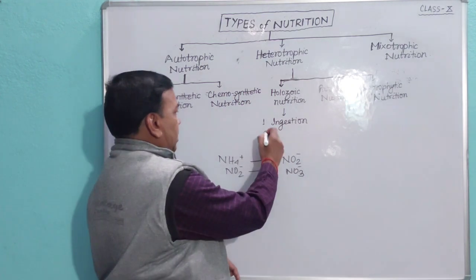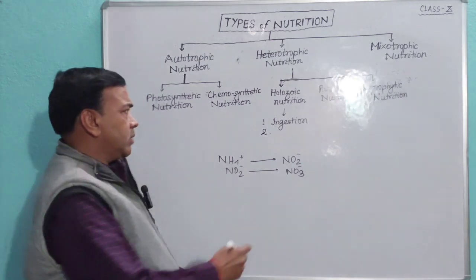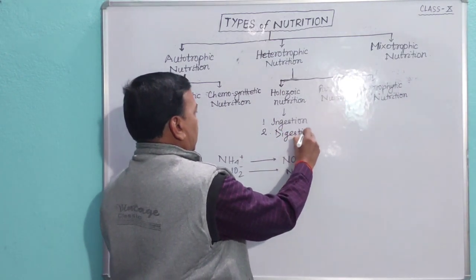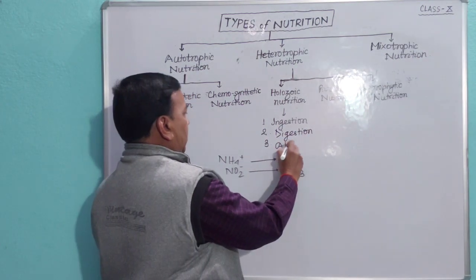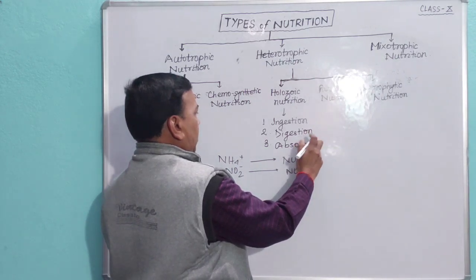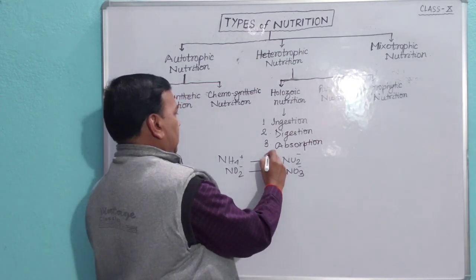The ingested food is further digested in the body of the organism. So the next process is digestion. The digested food is absorbed by the tissues or cells of the organism. So the next process is absorption.